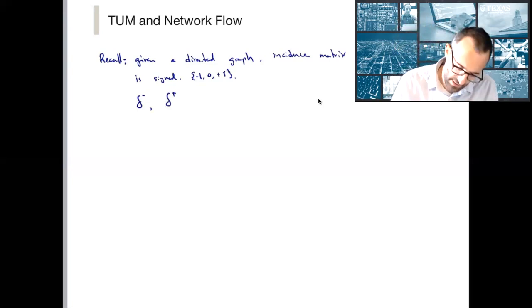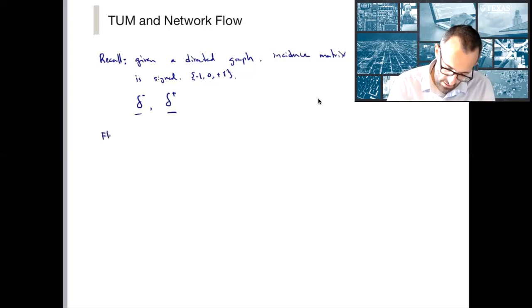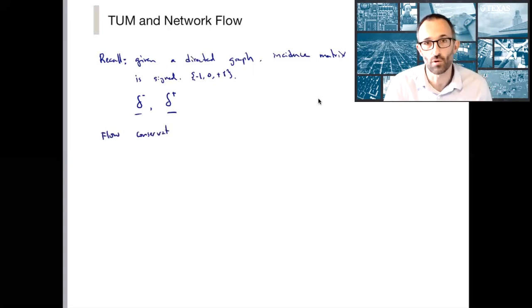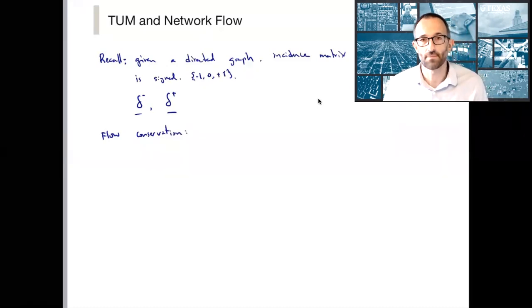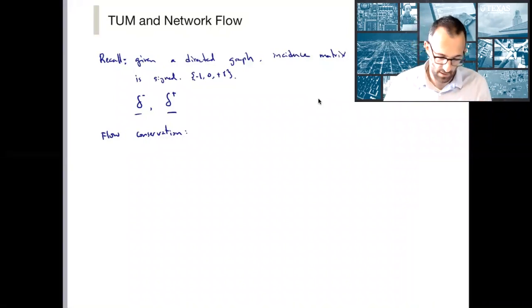Given these two, we have the flow conservation constraints, which are the foundation of any network flow problem, shortest path, max flow, etc. Flow conservation constraints just say that the fluid is incompressible. What comes in has to be what comes out.